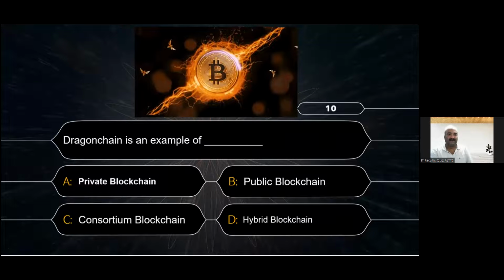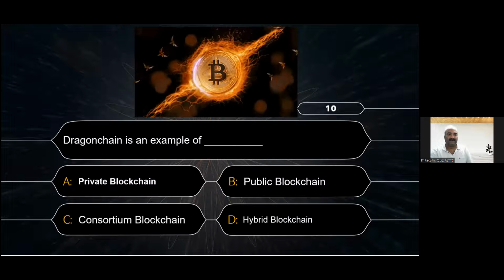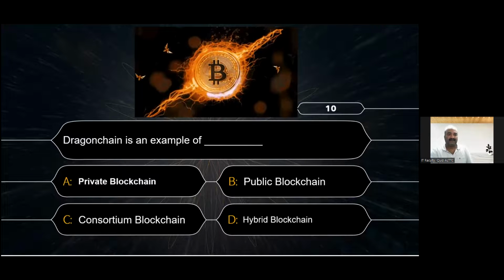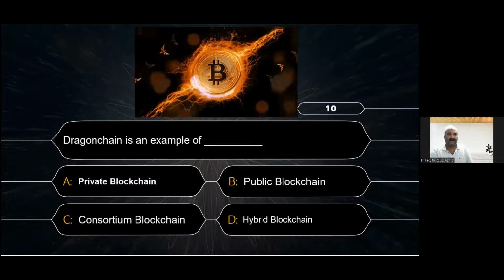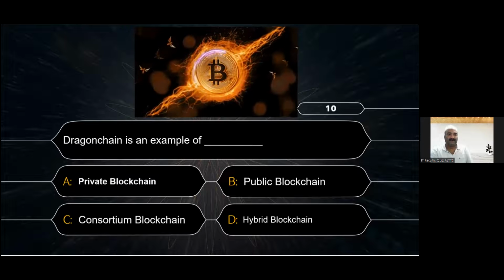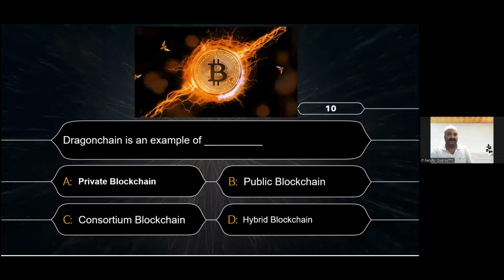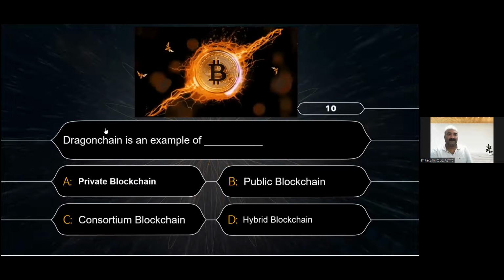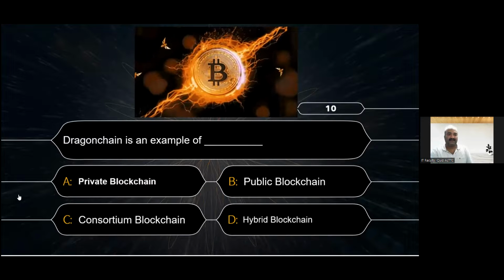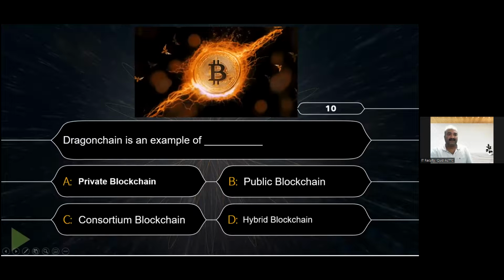Now I see that people have stuck to the answer, and I was observing from the last 3 questions that it was moving first to private and consortium. Now I see that most of the people are giving answer as D, hybrid blockchain. Let's check.